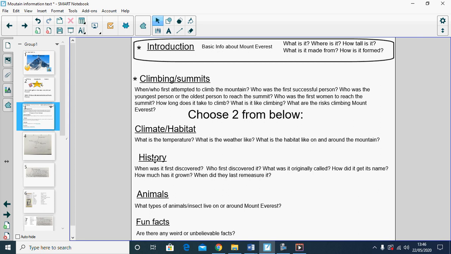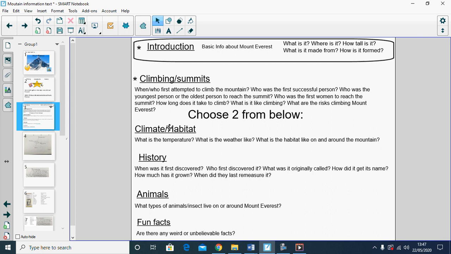You could research about the history, so when was it first discovered, what was it originally called, how much has it grown, that's a bit of a clue, when was it last remeasured. You could research about the animals, so what type of animals or insects live on and around the mountain, and then finally you could just do a fun facts section, so any weird or unbelievable facts.